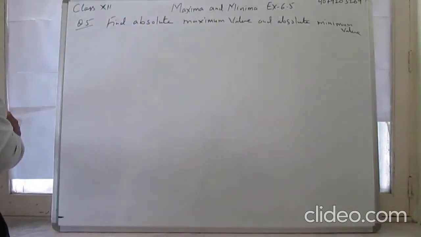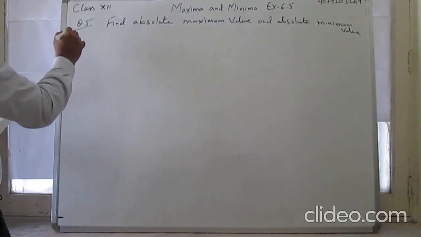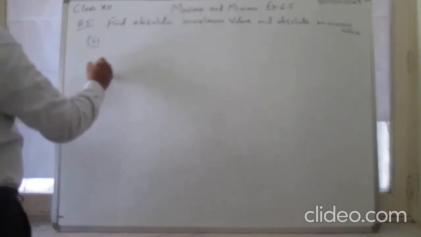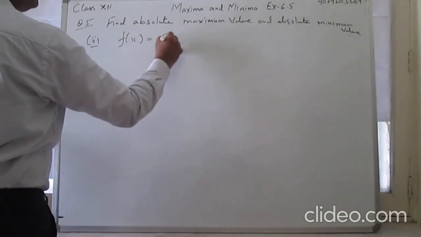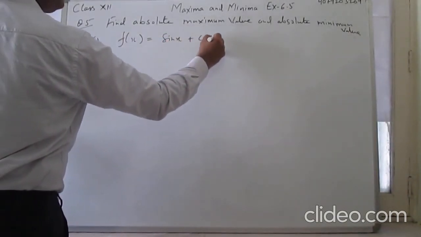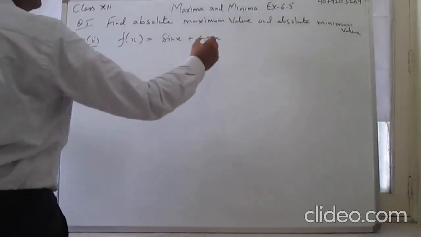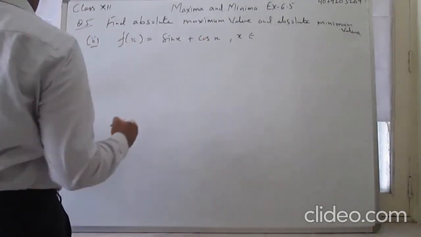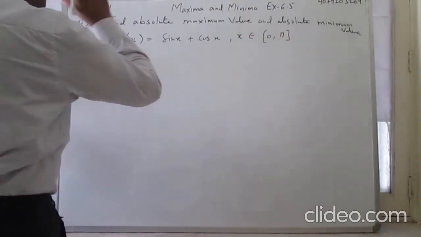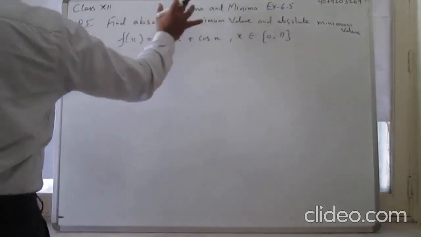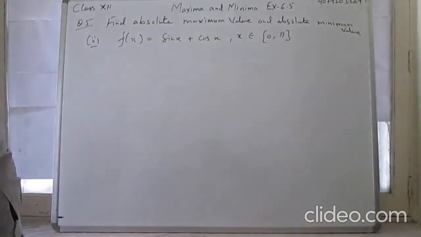Absolute maximum and absolute minimum. Second part, fx is equal to sin x plus cos x, where x belongs to 0 to pi. So you have to find the absolute maximum and minimum value.